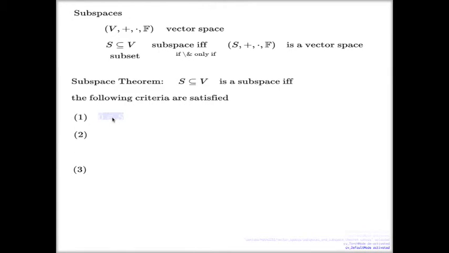The first one is as easy as testing whether the zero vector, which was originally in your vector space V, is in S as well. If it is not, it's not a subspace straight away.